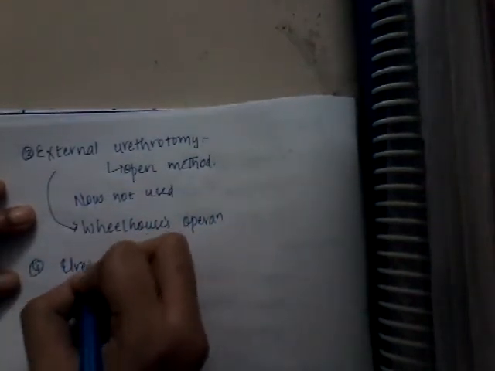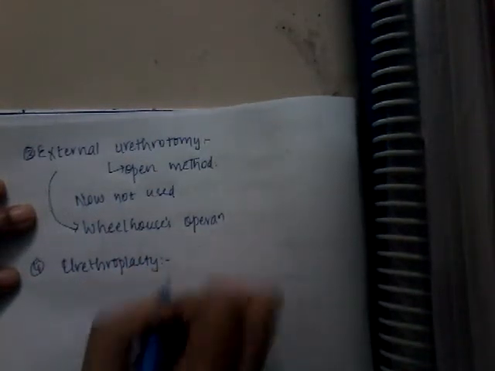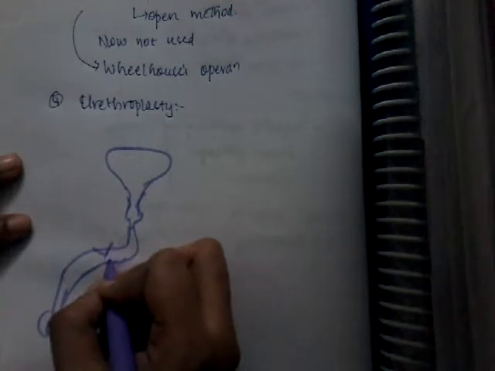Okay, next the fourth one is urethroplasty. Okay, in this what do we do? This is the bladder. Okay, so this is the stricture. What we do is, we will now remove the stricture.